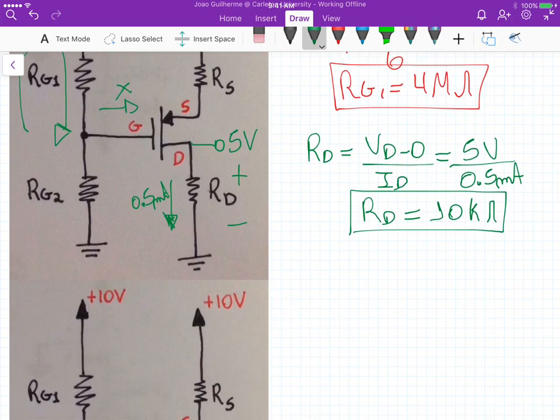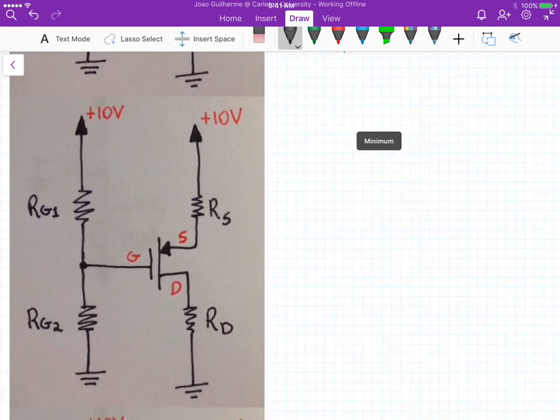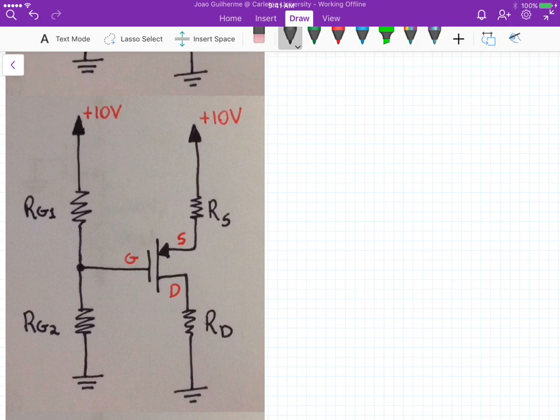Now to calculate RS, we need to use the equation for the current ID that depends on the device transconductance and the overdrive voltage. The equation for current ID, or IS in our case because it's the same current, is ID equals 1/2 the device transconductance times the magnitude of the overdrive voltage squared.